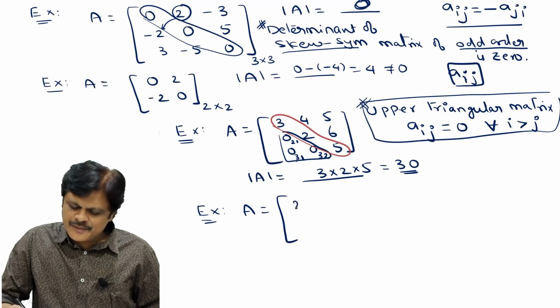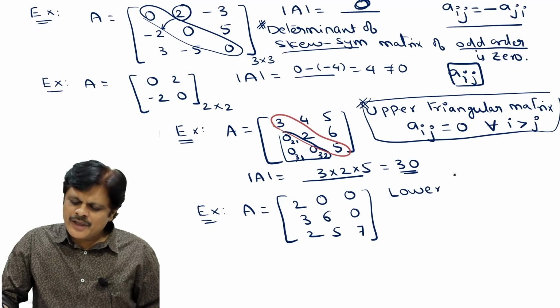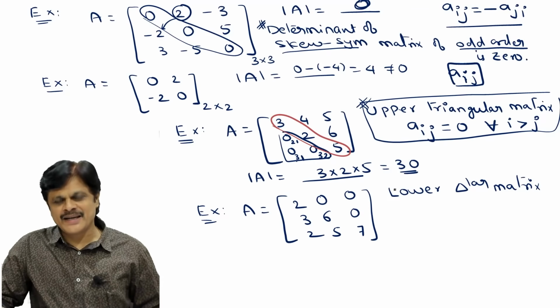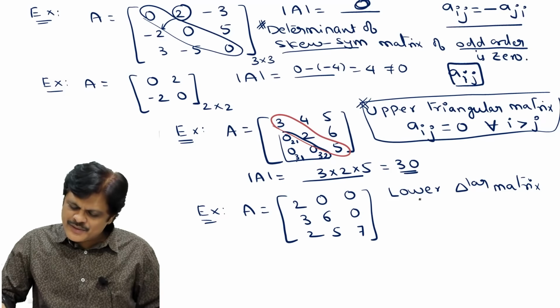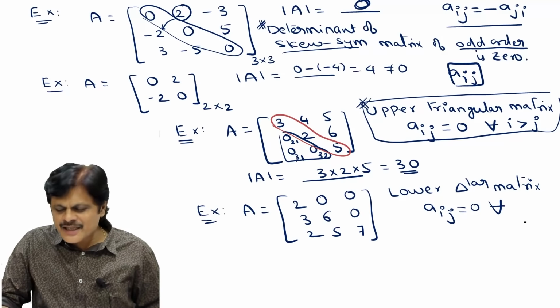A is equal to 2 0 0, 3 6 0, 2 5 7. So this is called a lower triangular matrix. For this also the condition we can easily write: Aij is equal to 0 for all... can you please tell the condition, sir?